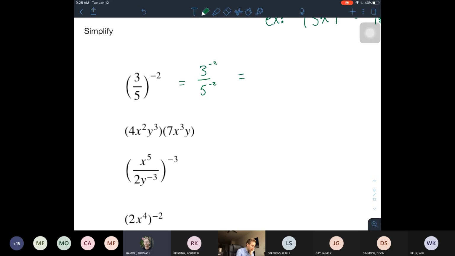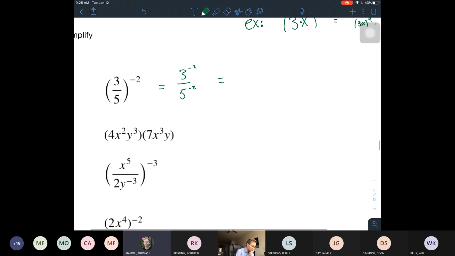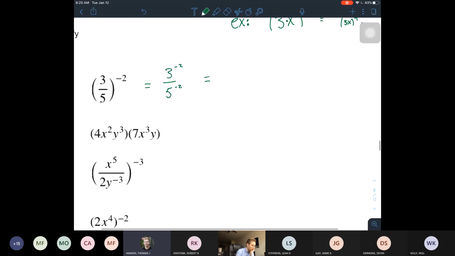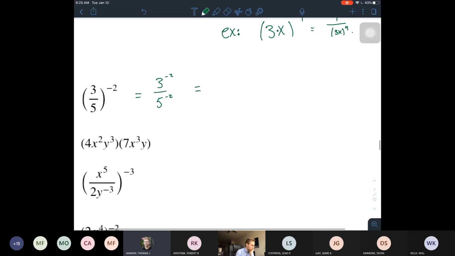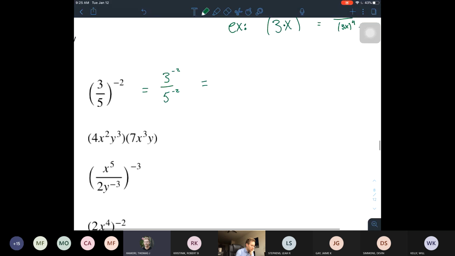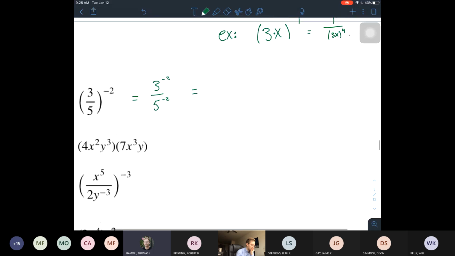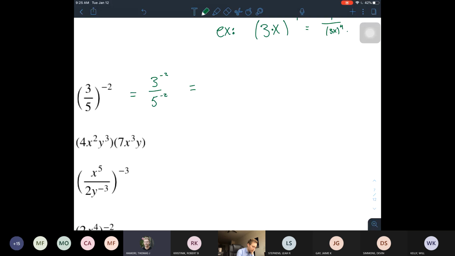So the way I'm going to rewrite this is, well, I want to write it in a way that our rules can apply. I know a lot of people probably know exactly what to do at this point, but I want to be really careful here. So I'll write it as 3 to the -2 times 1 divided by 5 to the -2.